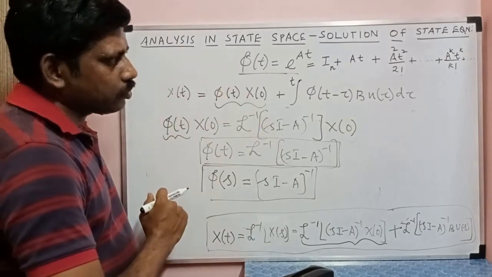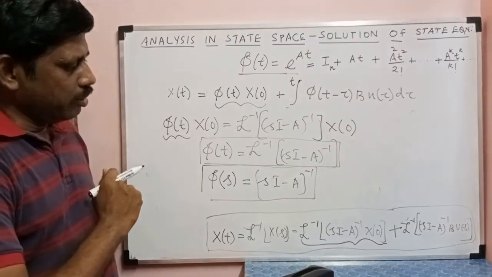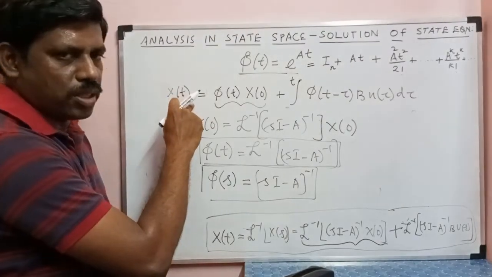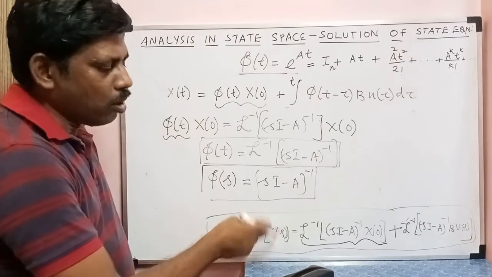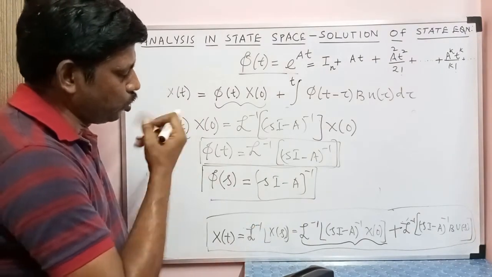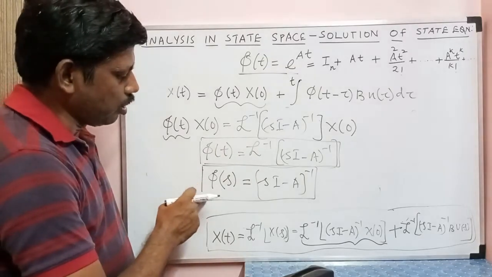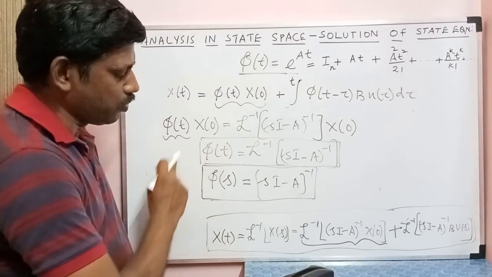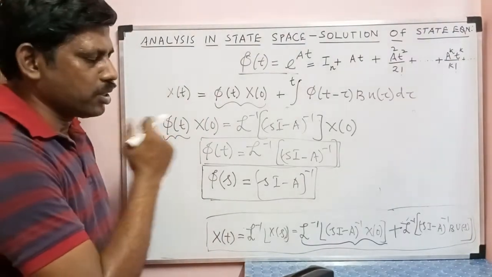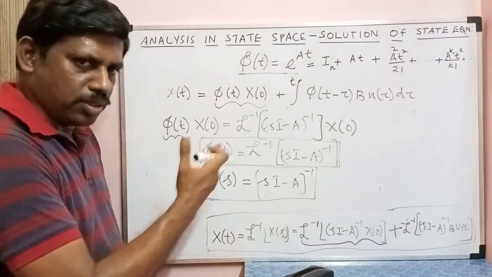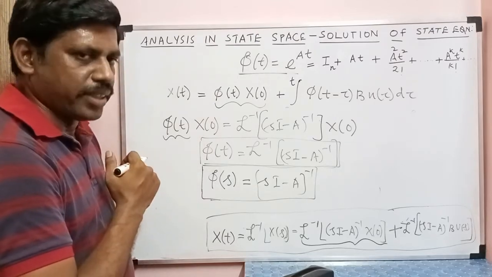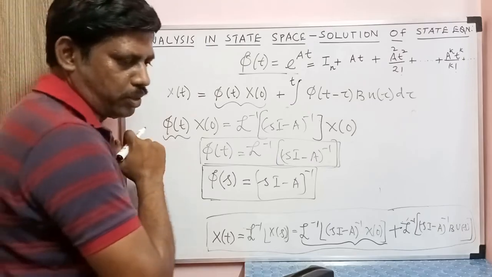So we have understood how to find the solution of a state equation in time domain or through the Laplace transform, and by finding this phi of s and phi of t, you can find this solution. So now it is time to apply these things to a problem and to get the solution using this method.